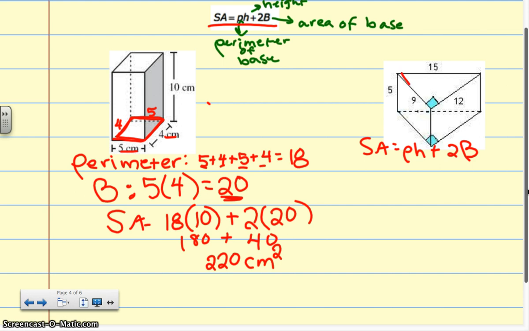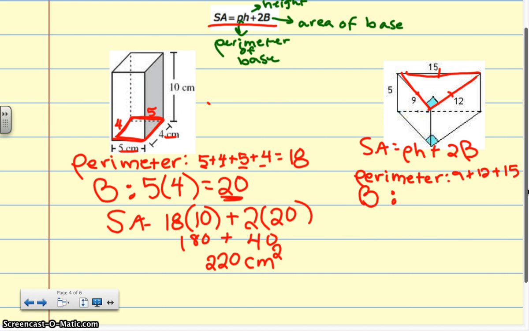If you look at my base here, it is a triangle. So I need to find the dimensions. I'm going to first find my perimeter, and then I'm going to find the area, my big B, which is the area of my base. My perimeter, I have a 9 plus a 12 plus a 15.